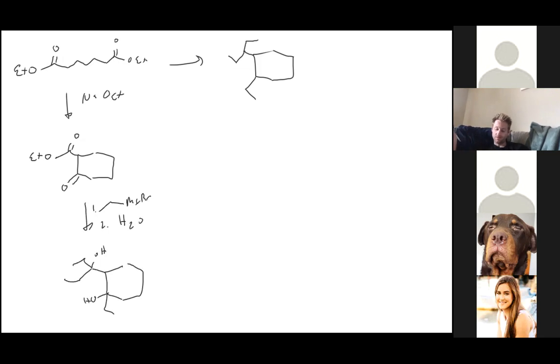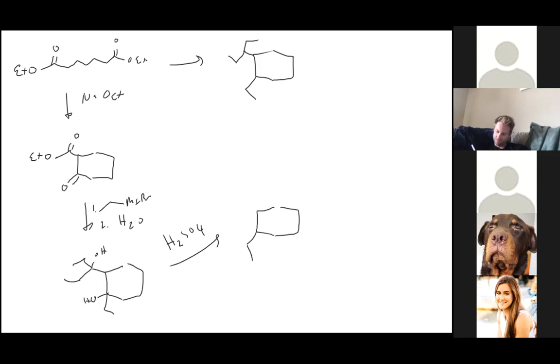And then we just need to get rid of these alcohols to get to our final product. A couple of different options. We could throw in H2SO4 to do the E2. We're going to make kind of chaotic double bonds, but it doesn't matter because we're going to get rid of them in the next step.